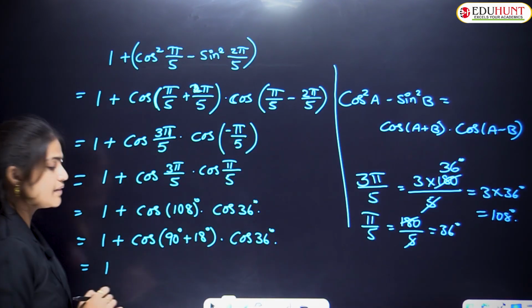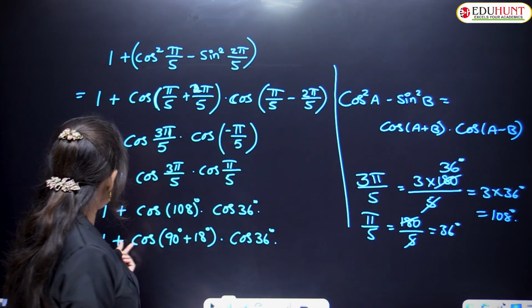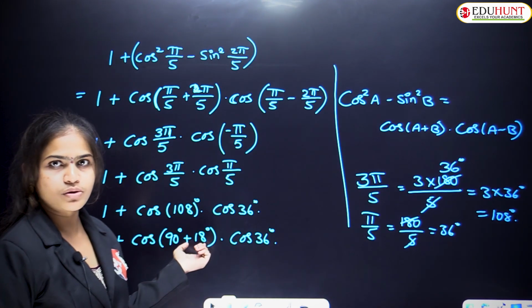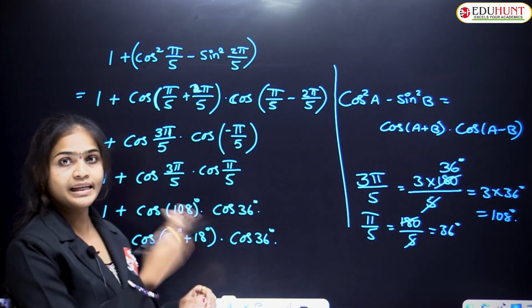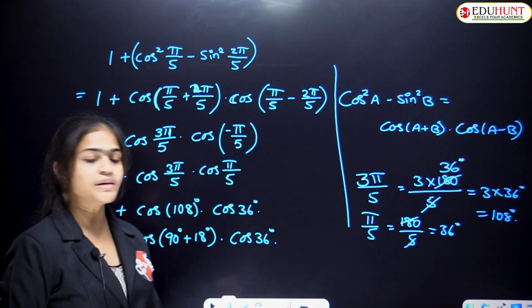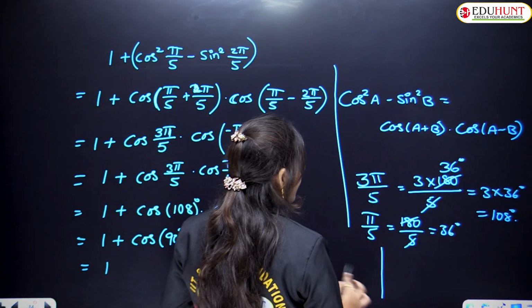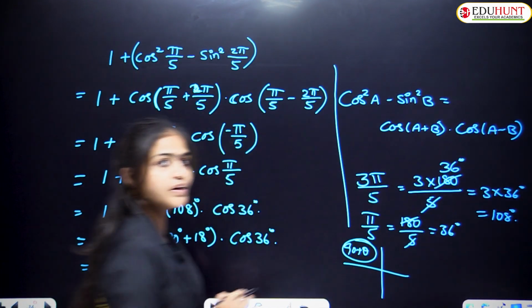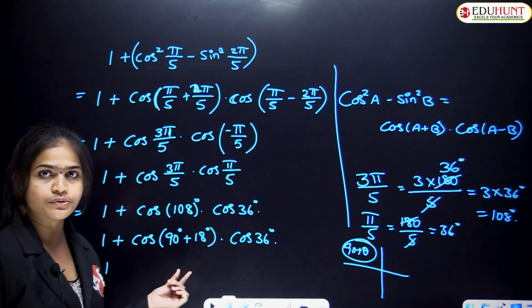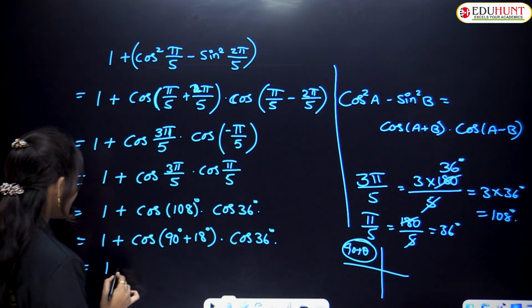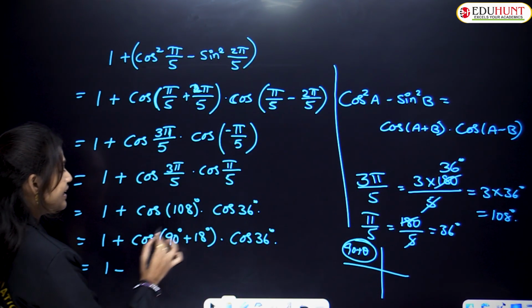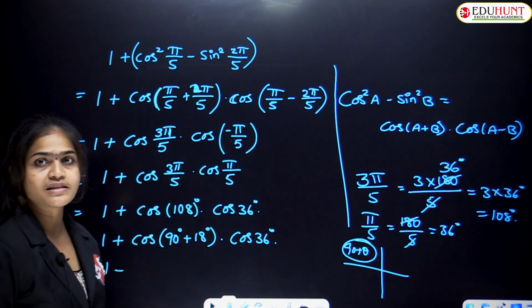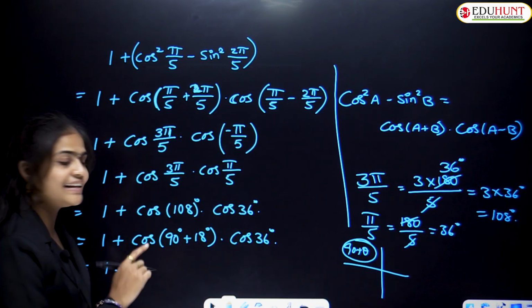So here plus or minus will come, that depends on the cos. So cos 90 plus theta means second quadrant. In the second quadrant, is cos positive or negative? Negative only. So that's why here minus, and cos 90 plus theta means sin theta.